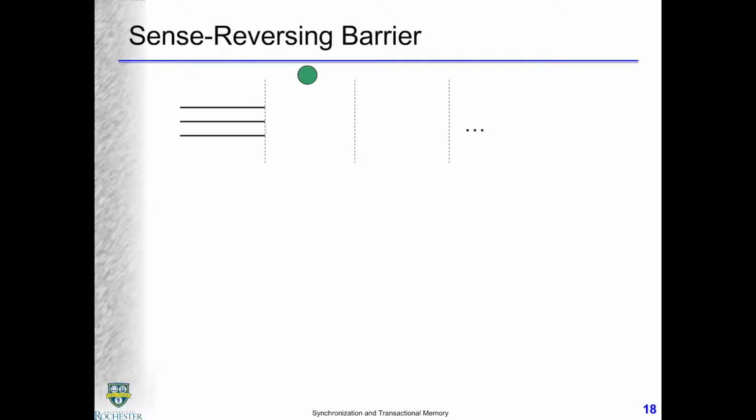In this animation, you see when the last thread arrives, the light turns green, everybody can proceed. But pay attention here. The same light has to be reset back to red when the first car arrives at the next intersection.